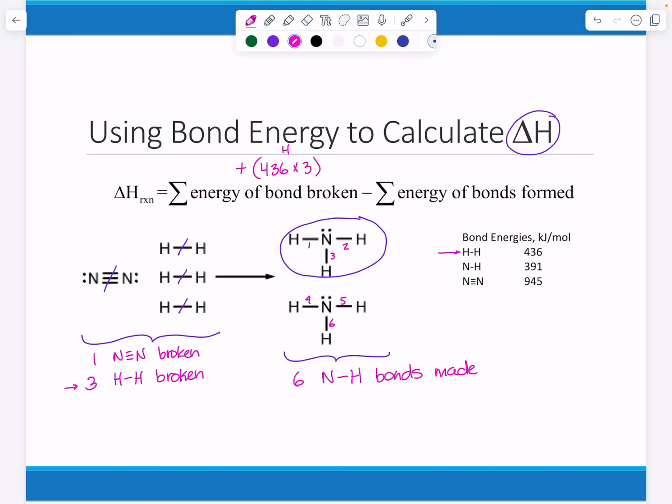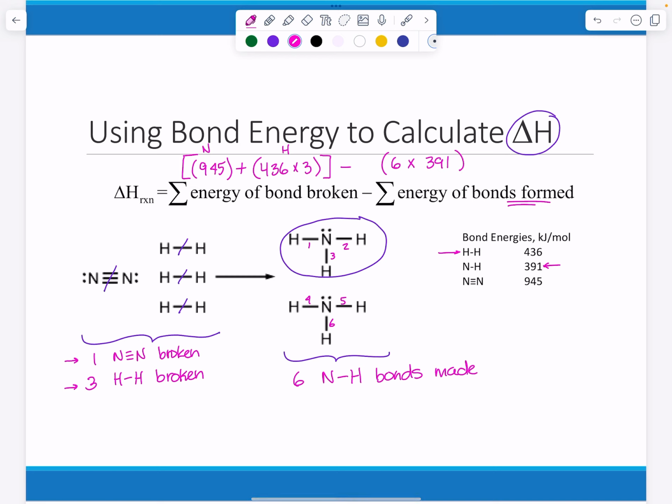So we're going to add the energy of the nitrogen-nitrogen bond that has to break. So that's 945. Okay, so we're going to add all of that, and then we're going to subtract the amount of energy of the bonds formed. So we've got 6 times an NH bond, which is 391 kilojoules per mole.